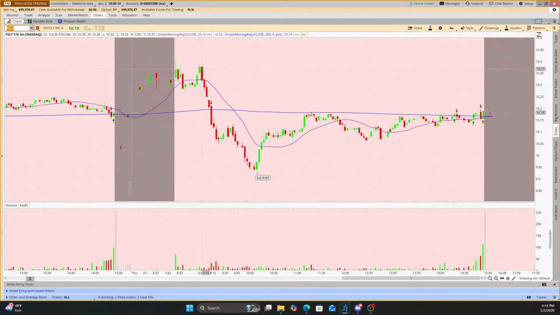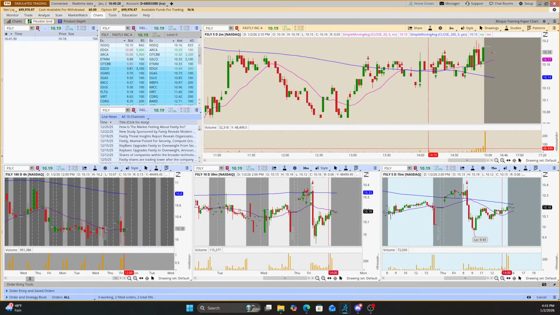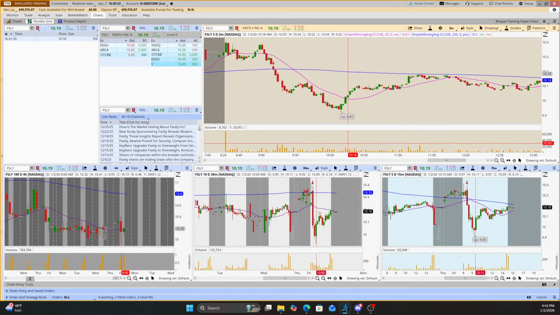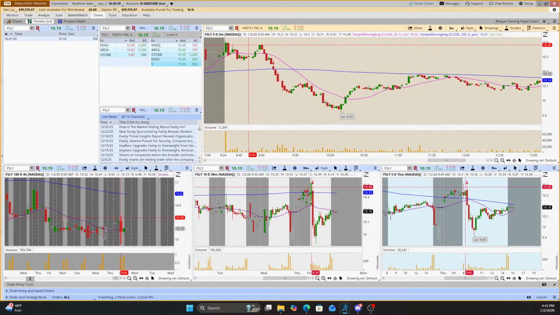Color change. Color change. Yep. Wick, stop loss. So let's see how it looks on all time frames. So we said right here, stop loss, but let's say we just missed the first trade.